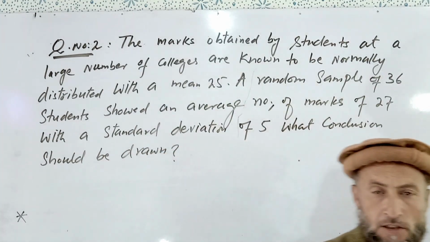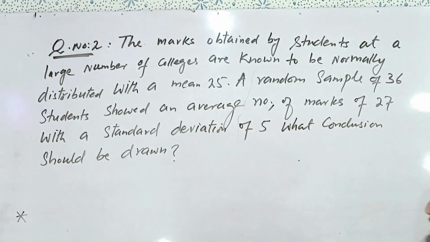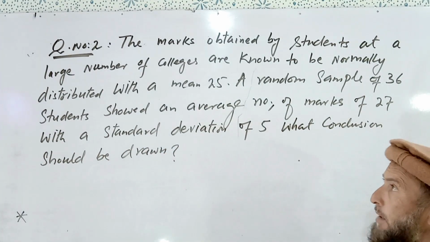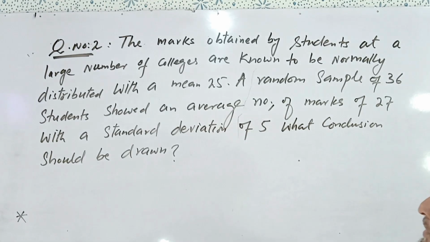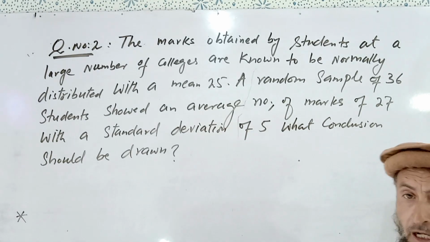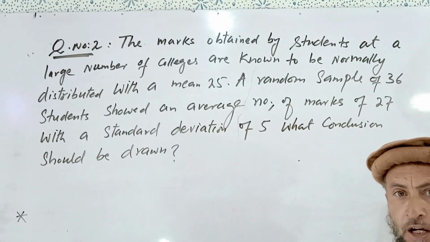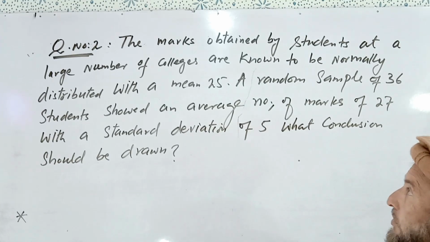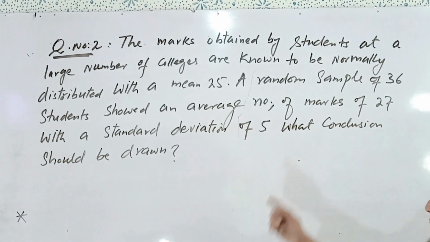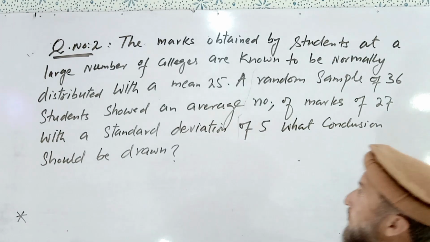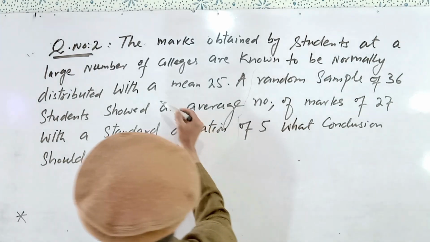Hello viewers, Assalamu alaikum. We are going to discuss question number 2 from statistics book 2 for BBA and BCS students. The marks obtained by students at a large number of colleges are known to be normally distributed with a mean.